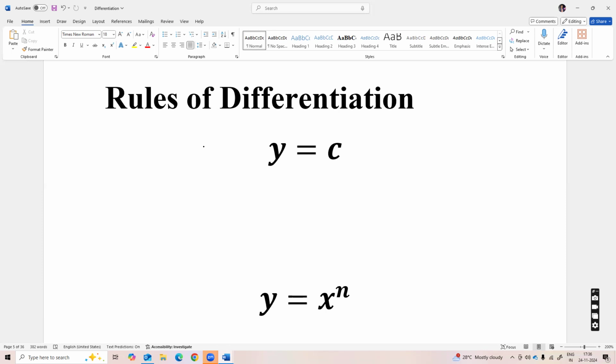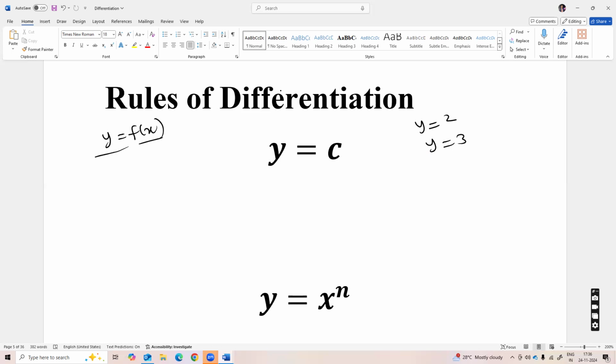So let's say if y equal to constant, some constant value like y equal to 2 or y equal to 3. Here y is f of x only. Don't get confused, f of x and y are the same. You can represent this in any manner.